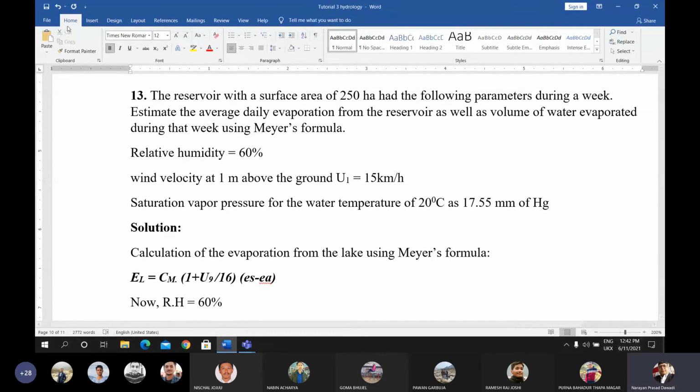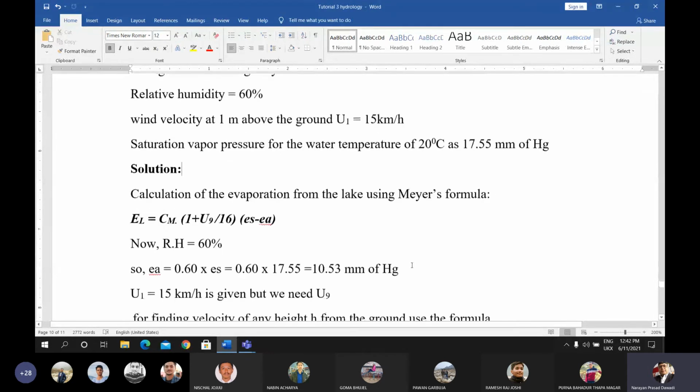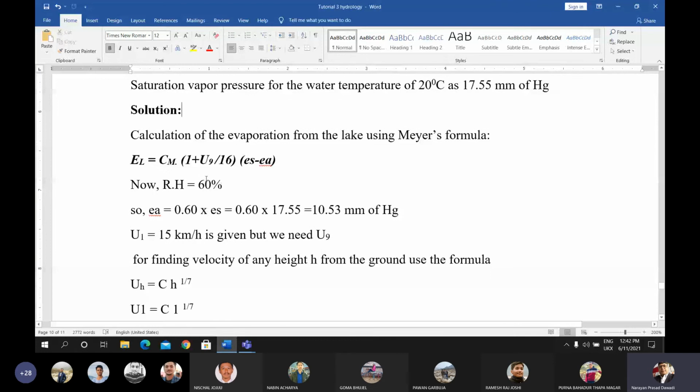ES value is given. EA has to be calculated with respect to the relative humidity. Relative humidity is given 60%, so EA is equal to 0.60 into ES, which gives the value of 10.53 mm of Hg.